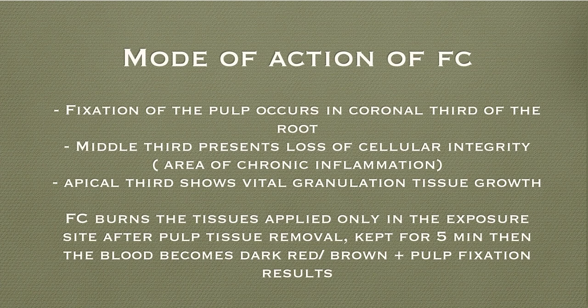So the formocresol is used in the coronal third. We have a middle third and an apical third, which show different areas. So the formocresol is applied only on the exposure site.